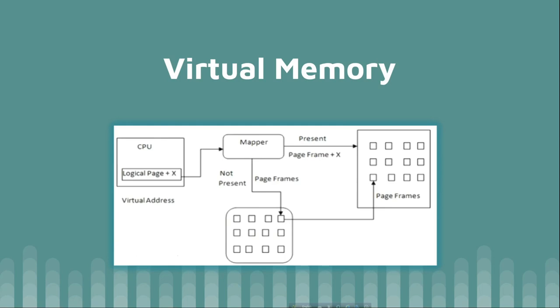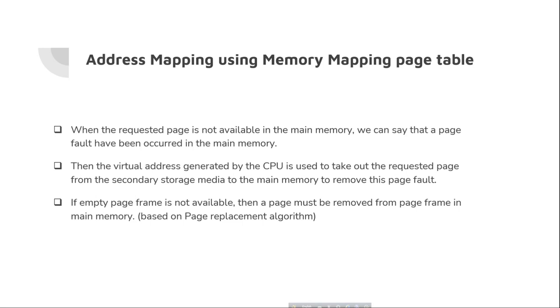If the mapper detects that the requested page is not present in the main memory, the page frame is not available inside the main memory, so a page fault occurs and the page must be read from the secondary storage into a page frame in the main memory. So the mapper goes to the secondary storage, finds the page frame, the page frame moves to the main memory, and finally the mapper gets the page frame from the main memory and gives it to the CPU, as I said.